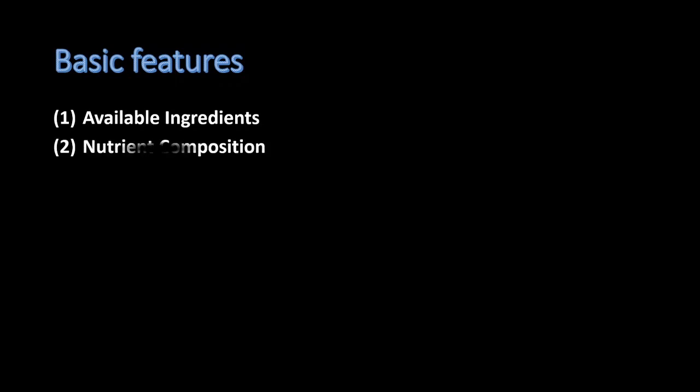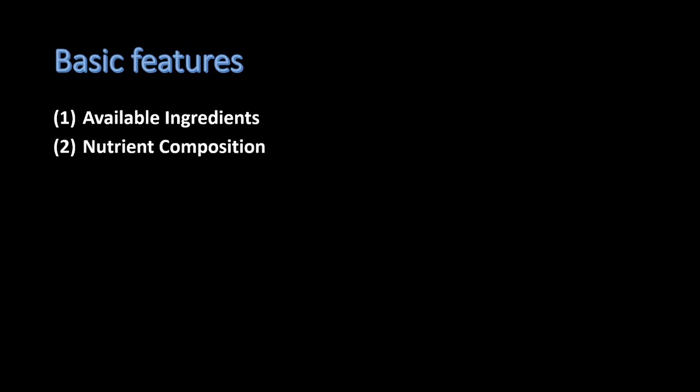So next are the basic features of these softwares. The first one is that they have available ingredients. Again, that depends on whether there is pre-designed data available in the software, or we can input our own data.